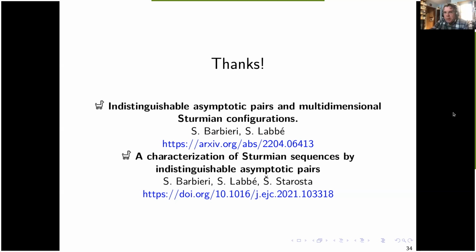When you do these two different ways, you get an indistinguishable asymptotic pair. Oh, nice. So that's on Z, you say? On Z, yeah. How big would the difference set be in that example? I think it's the same one that you gave. Oh, in that case, it would also be a Sturmian configuration. Yeah. Okay.